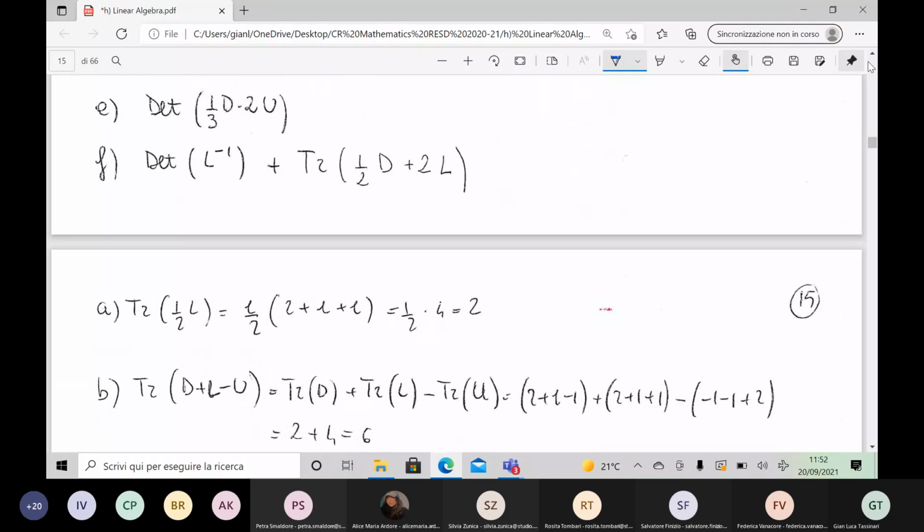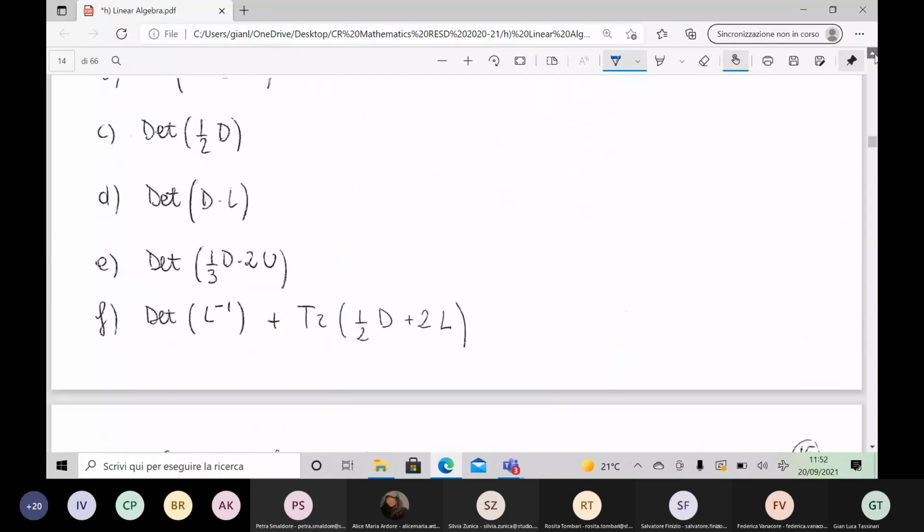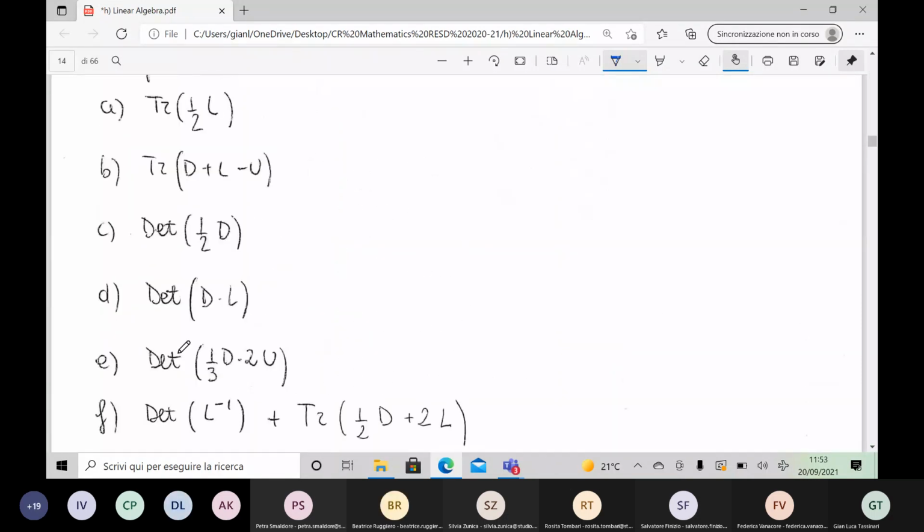Okay, we almost finished, guys. Then I asked, but I think you realize, determinant of 1/3 times D times 2 times U. So 2/3 can be taken outside. D and U are both matrices of order 3. And since D times U is a matrix of order 3, you have to take 2/3 outside raised to the power 3.